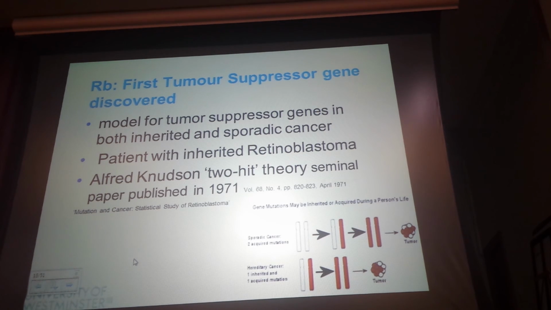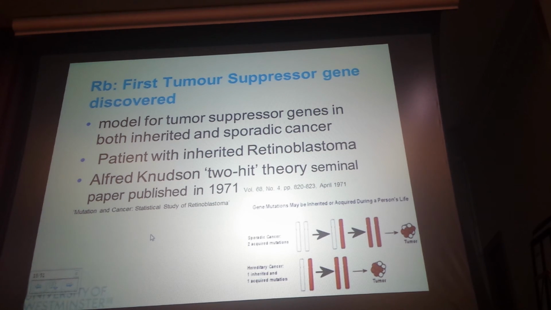This is due to the two-hit theory that Knudson described in 1971. When you have a sporadic cancer, because you have two alleles, you need to acquire two mutations in your two alleles, and that takes time for your cells.